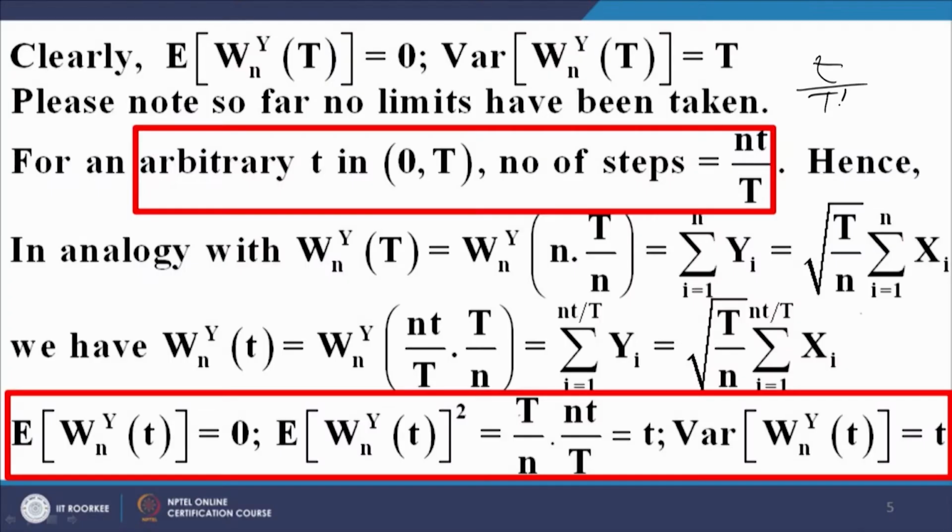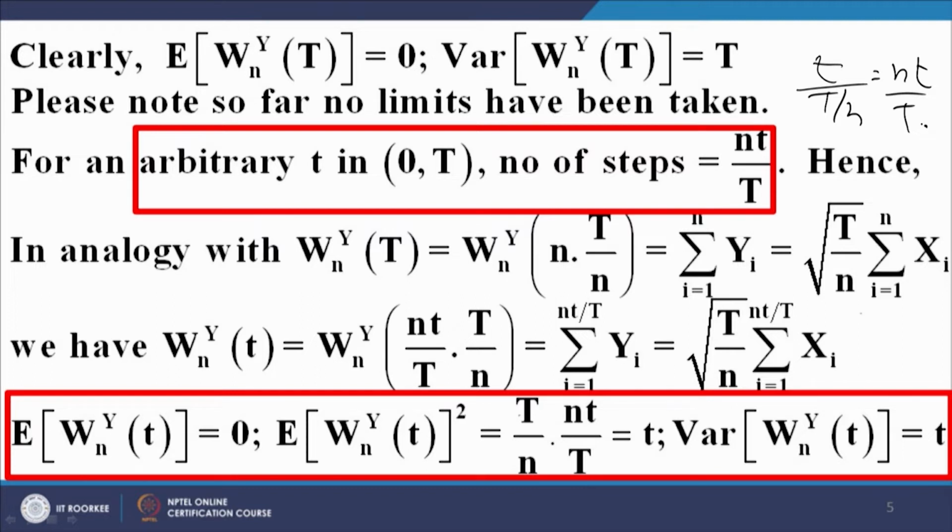Obviously, to arrive at small t with a step length of t upon n, we need how many steps? We need small t divided by t upon n number of steps, and that is equal to small n t divided by capital T. So, we are making the observation at the end of small n t upon capital T steps.